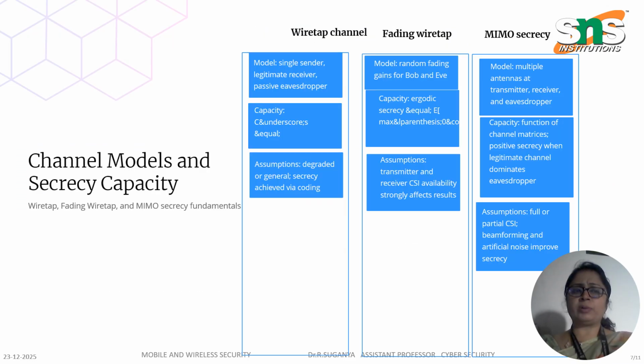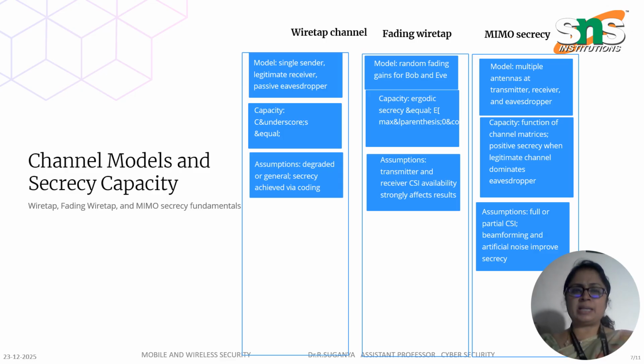Then channel models and secrecy capacity, like the wiretap channel, the fading wiretap, and MIMO secrecy. The wiretap channel has a sender, a legitimate receiver, and a passive eavesdropper. Here the model is random fading gains for Bob and Eve. In MIMO secrecy, multiple antennas are used for transmitting and receiving.